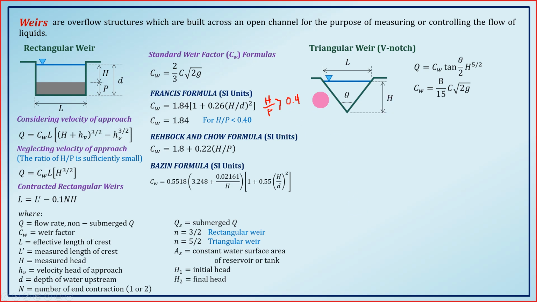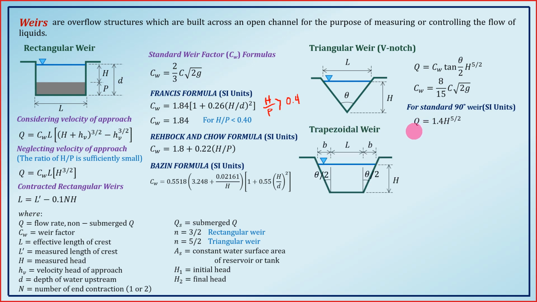So, meaning, yung angle dito ng weir natin is 90. So, meron siyang derived na equation for SI units, which is 1.4 H raised to 5 halves. So, alam mo tong constant na to na 1.4. Okay?